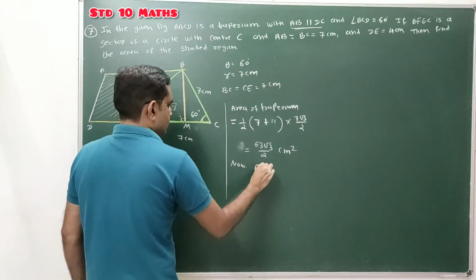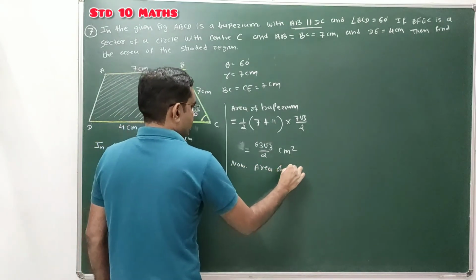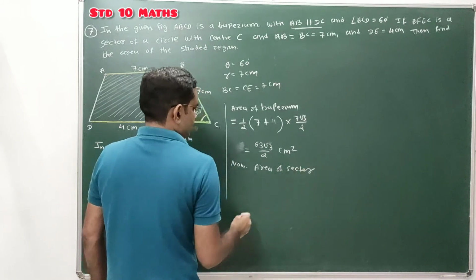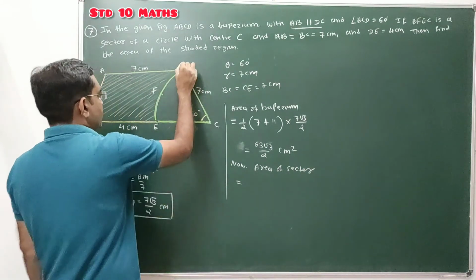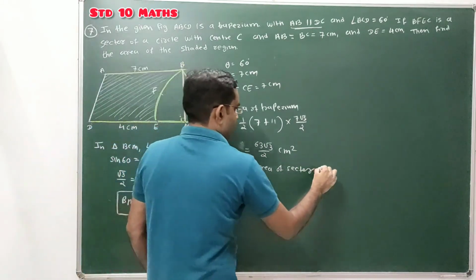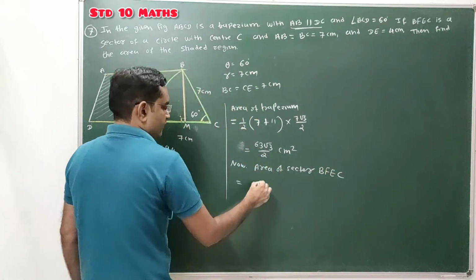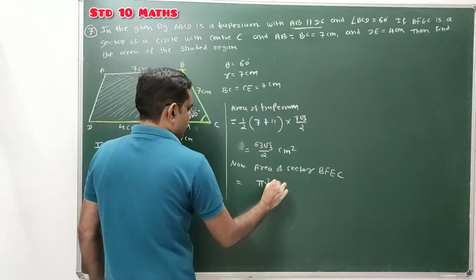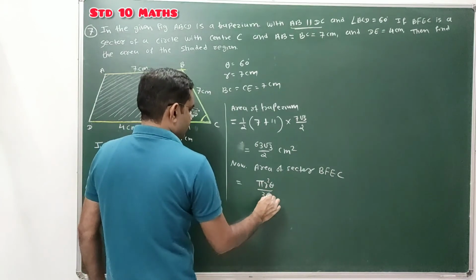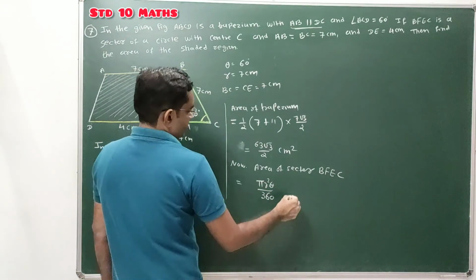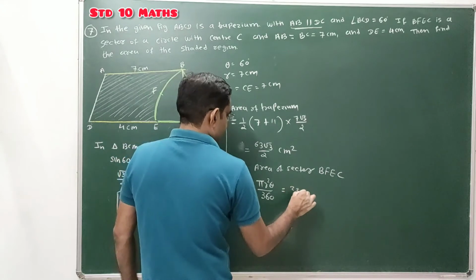Done. So now the area of the sector. Area of the sector BFEC. Sector formula: pi r square theta by 360 degree. So here we can take pi as 22 by 7.